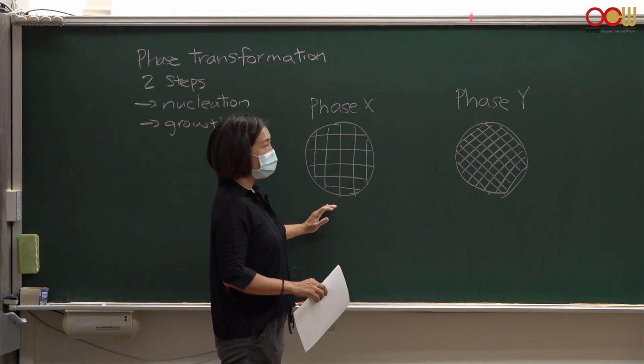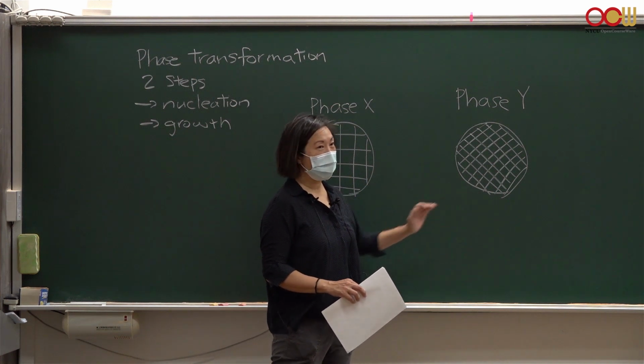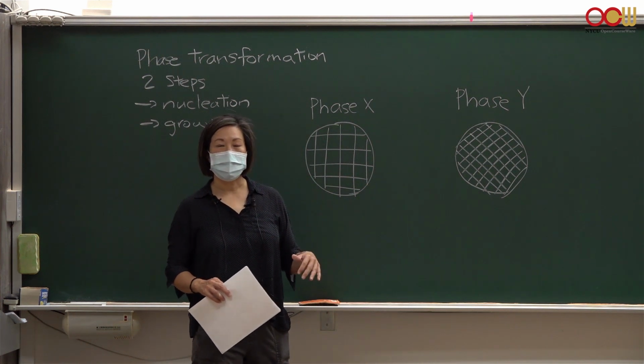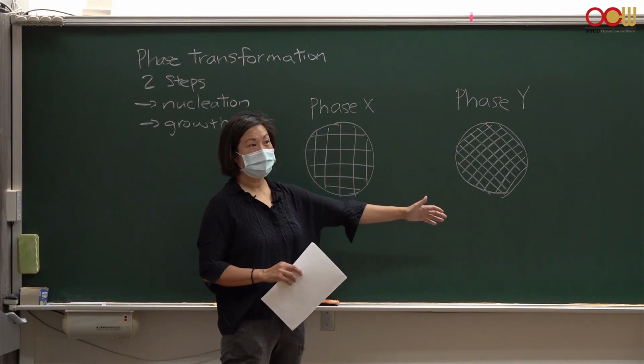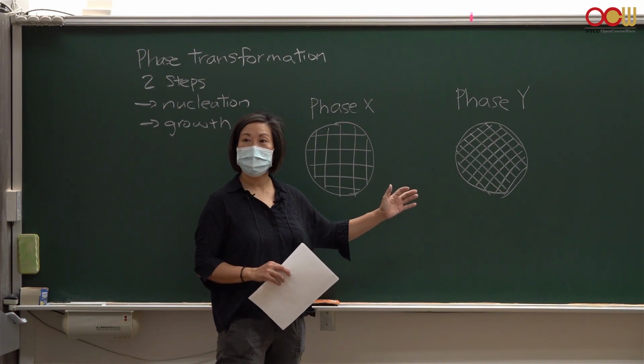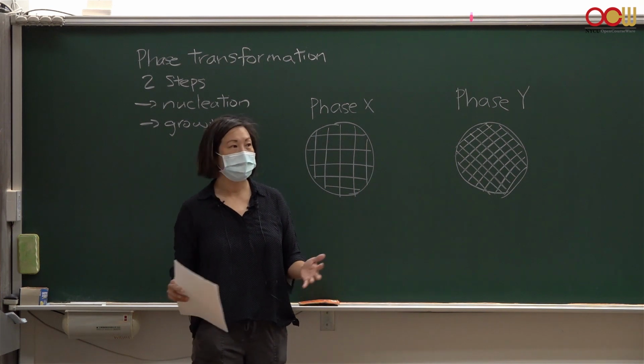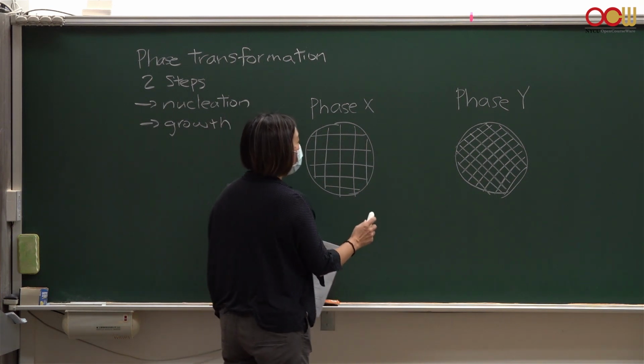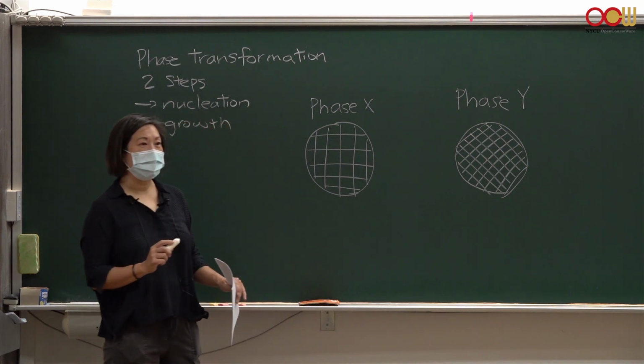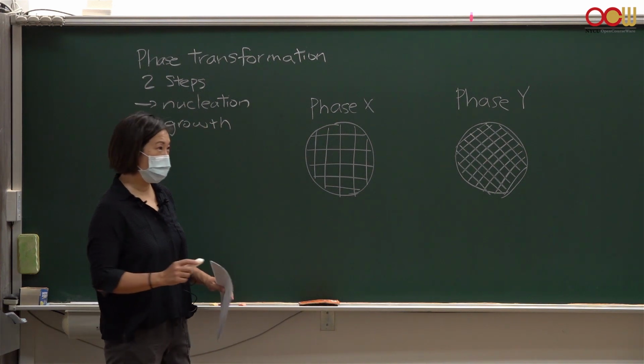And if phase X is going to become phase Y, there must be a driving force. If it's going to change, there must be some driving force for that to happen, right? Materials don't just change for no reason. So we know the driving force is a change in the volumetric free energy.